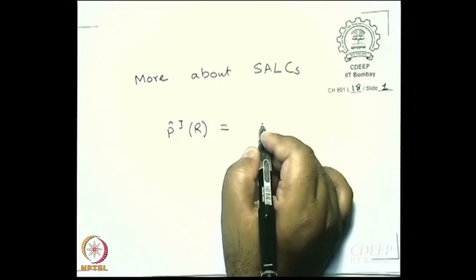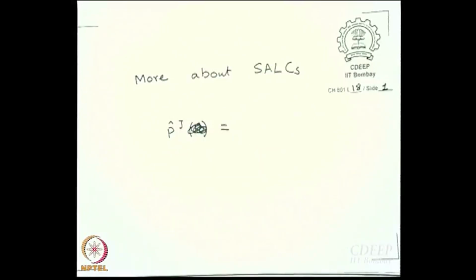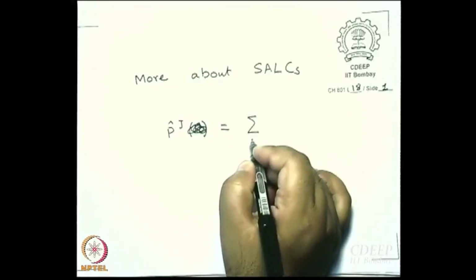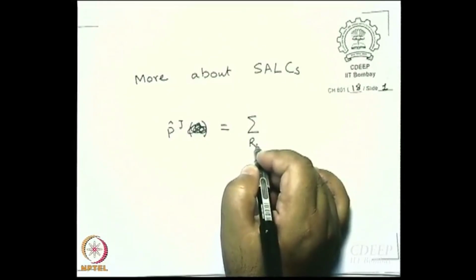Is it P^j R or is it P^j? P^j cannot be P^j R. ठीक है. So what is P^j? Sum over what? R. That is why it cannot be P^j of R, because we are summing over R.